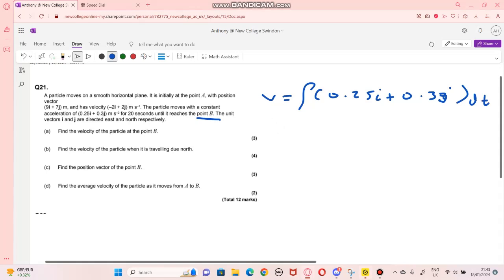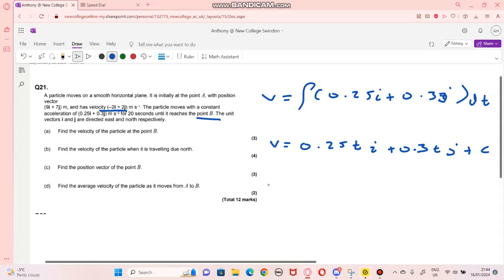So our velocity is equal to 0.25t i + 0.3t j + c. However, we're given c in the question, as it says it's initially at point A and has a velocity of -2i + 2j.